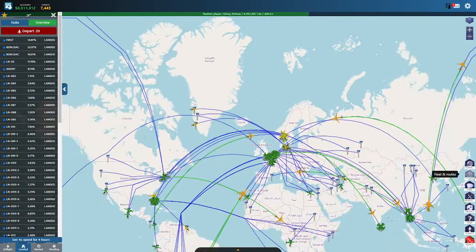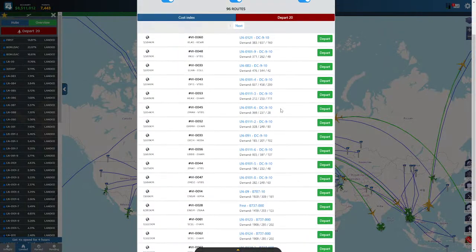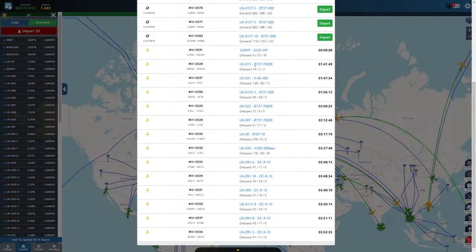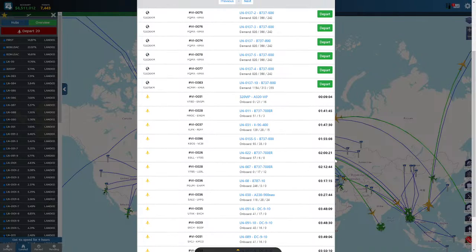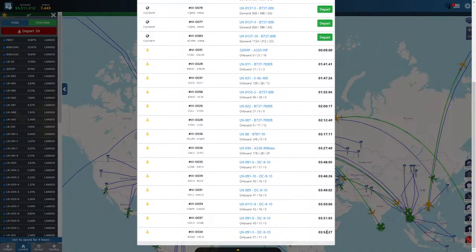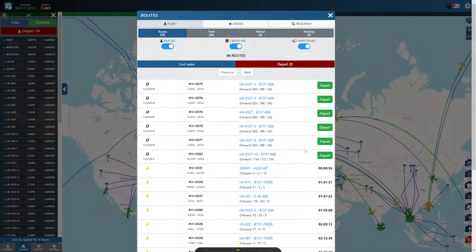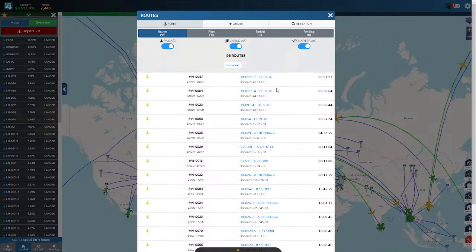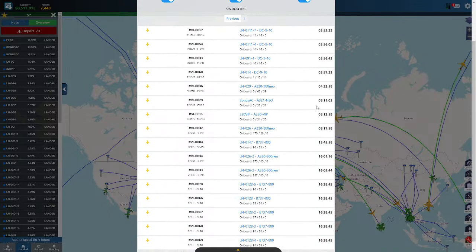So let's look. I got most of my planes grounded during the night. I did fly out a bunch of planes now. Let me see here. All these will be landing within 4 hours, except here or here.